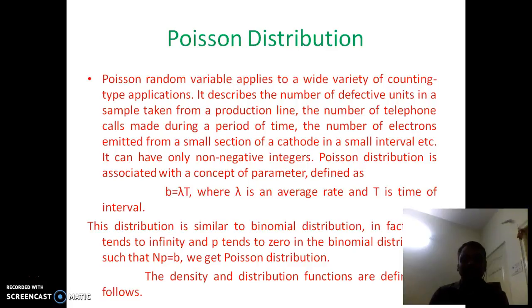Next, let's see Poisson distribution. Poisson random variable applies to a wide variety of counting type problems.